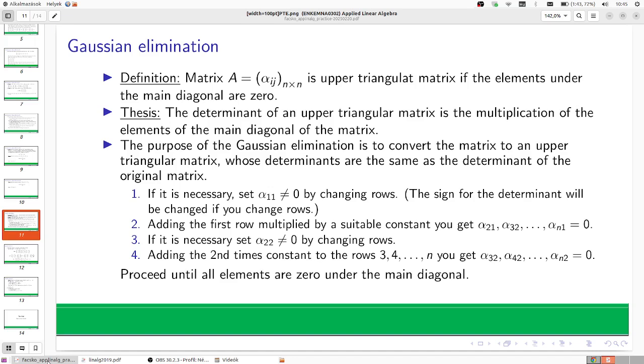It's 8 again. I am familiar with this, and in theory, all of you are familiar with this. So this was a second solution with Gauss elimination.